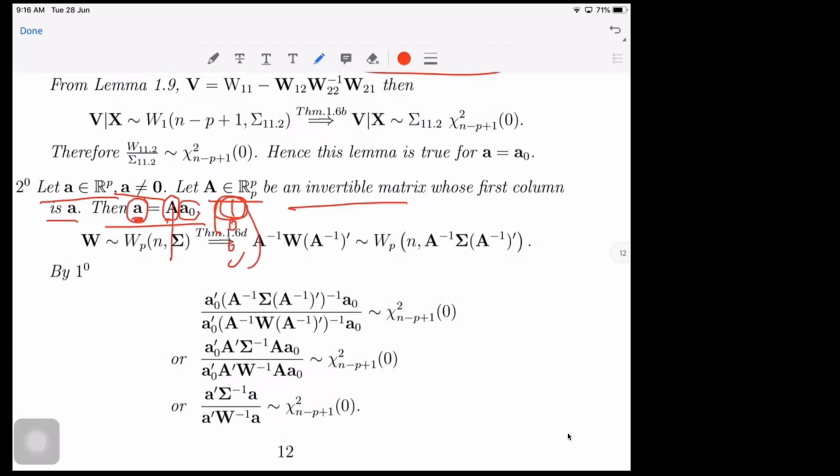Kaya ang iyang component makuha diha, ang entry ra sa A. Kaya ang how we define A, the first column should be A. So i-pre-multiply nimo og A sub 0. So ang iyang makuha na entry lang is A regardless ang say sulod ana, basta ang first column niya is A. Okay?